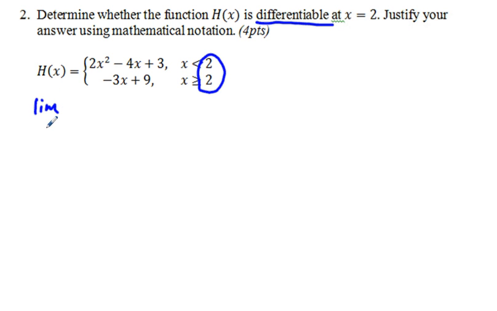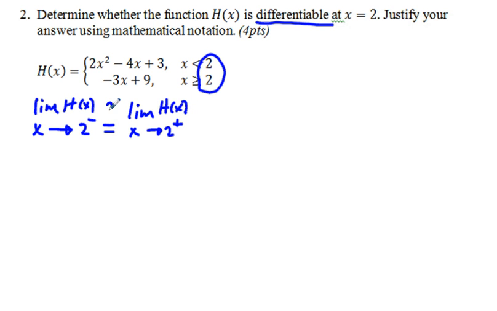The limit as x approaches our critical number 2 on the left side of h of x is equal to the limit as x approaches 2 from the right side of h of x. And really, that's kind of a question, right? We don't know if it does, but we can set this up and see what happens.